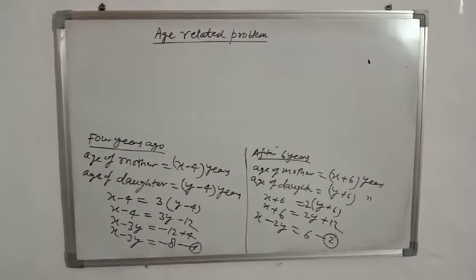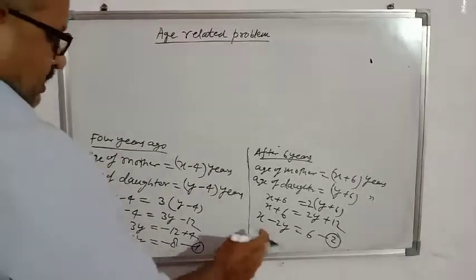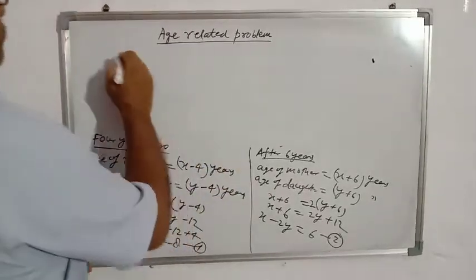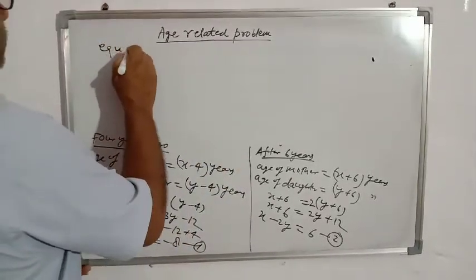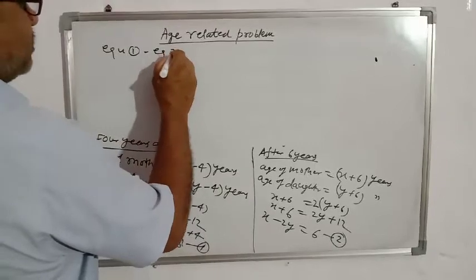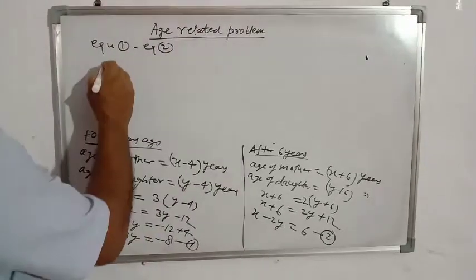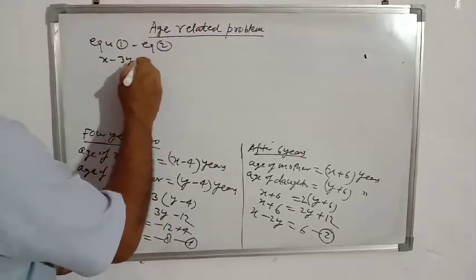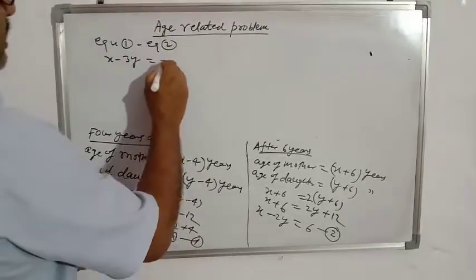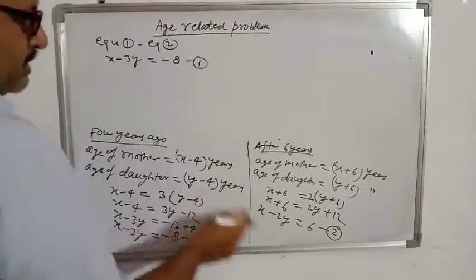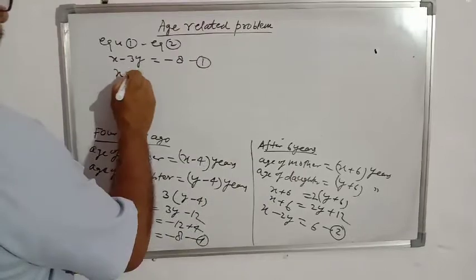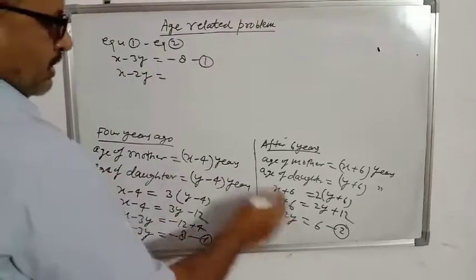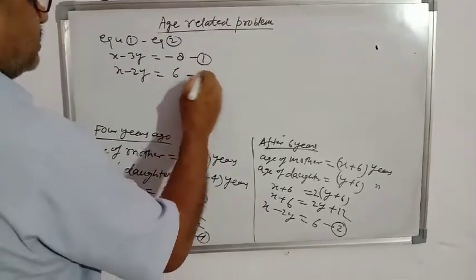How will we solve it? Equation 1 minus equation 2. Equation 1 is x minus 3y is equal to minus 8. Second, x minus 2y is equal to 6.